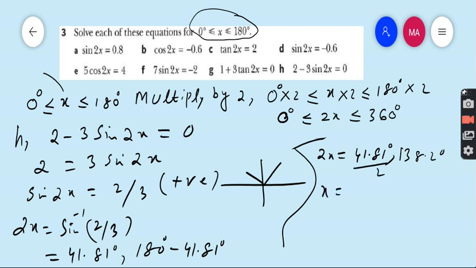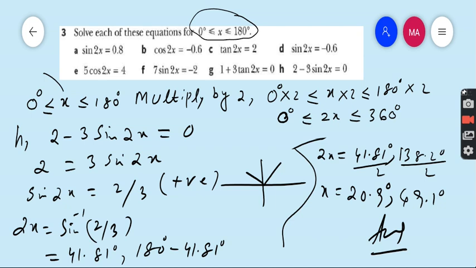Both values should be divided by 2. 41.81 divided by 2 is 20.9 after rounding off, and 138.2 divided by 2 is 69.1 after rounding off. So I hope you understand this part as well.